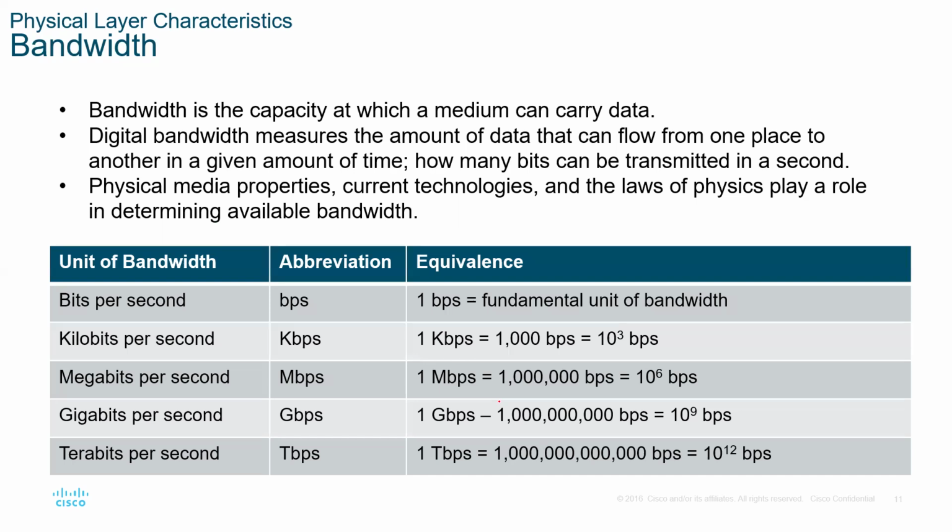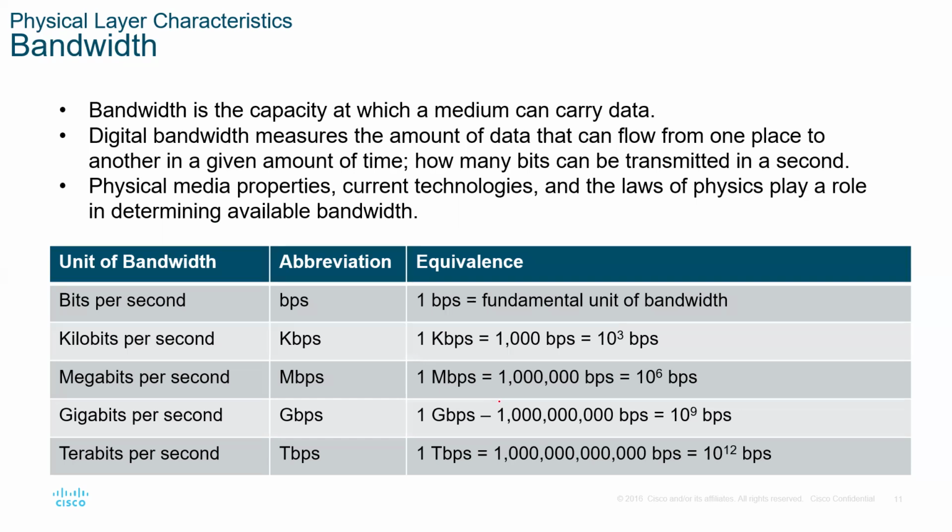Physical media properties, current technologies, and laws of physics play a role in determining the available bandwidth, right? So depending on the type of media that we have, it defines the capacity of the medium. So for example, if we are to compare copper and fiber, they are different mediums. Fiber, I think, has the largest bandwidth of those two.